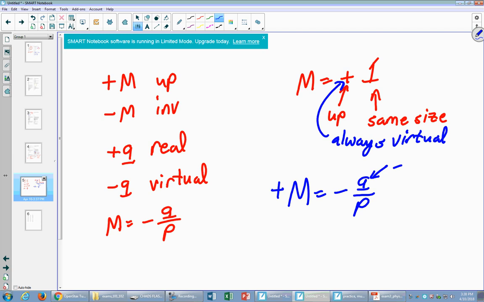So virtual images are always upright. You never see virtual images that are inverted, unless you have a 2-lens or 2-mirror system, we'll get to that later.